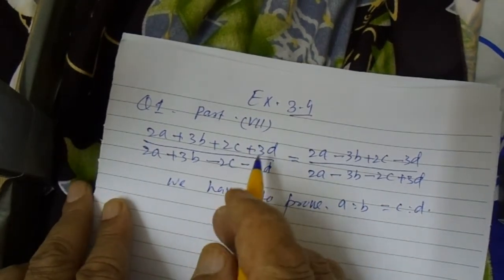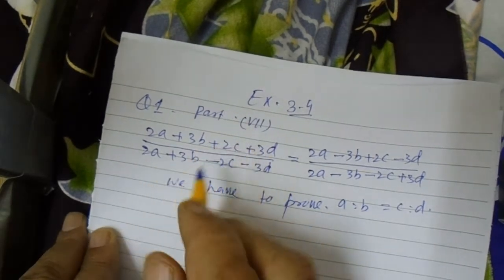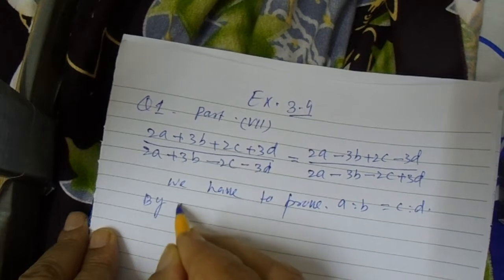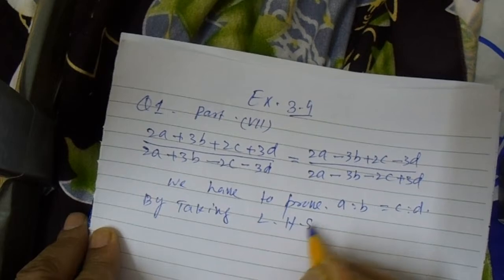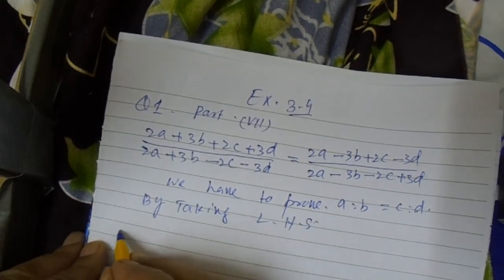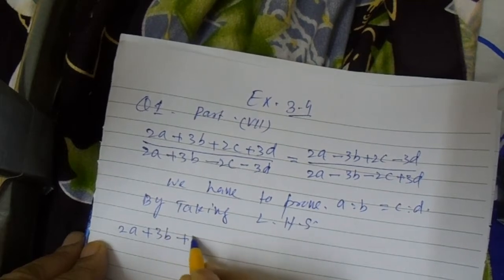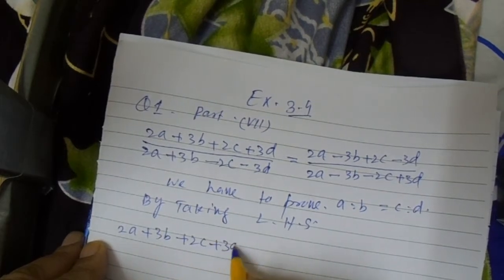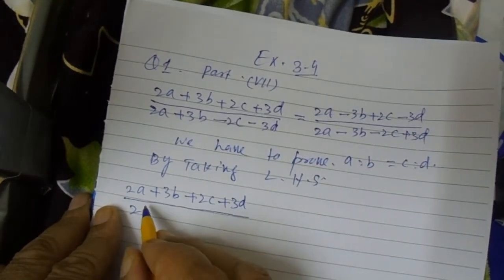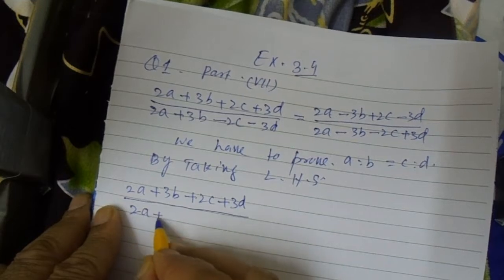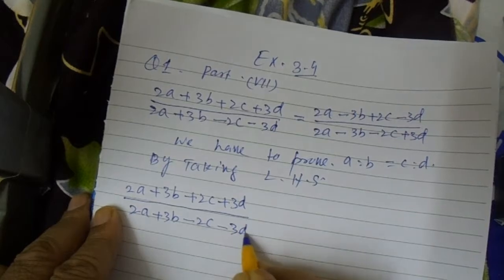Now we take the left hand side. This is the left hand side, LHS: 2A plus 3B plus 2C plus 3D over 2A plus 3B minus 2C minus 3D.